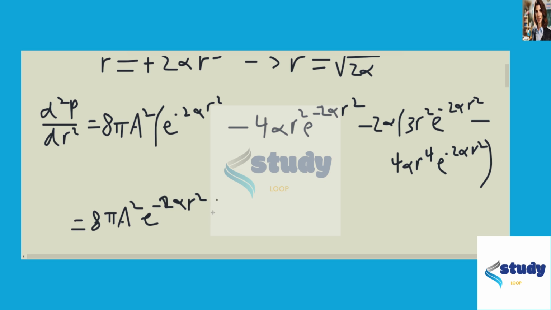And then this is multiplied by minus 10 alpha squared plus alpha r to the 4th.